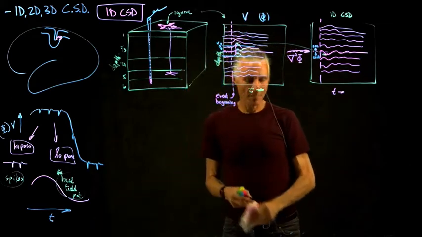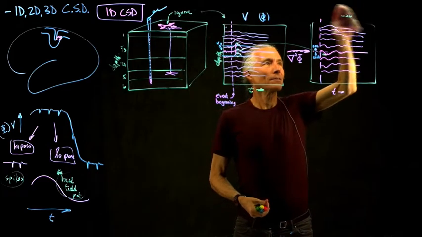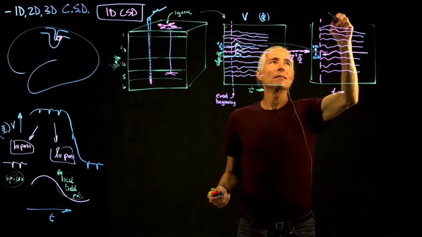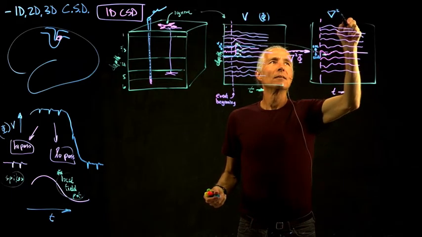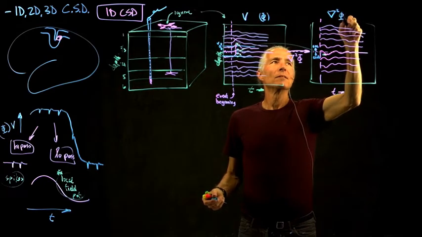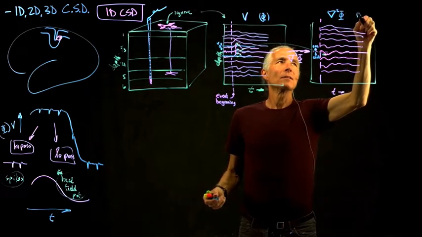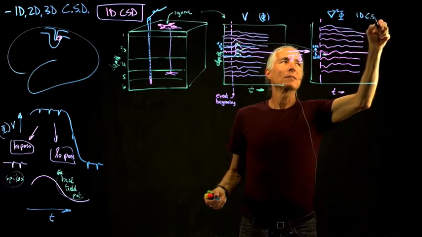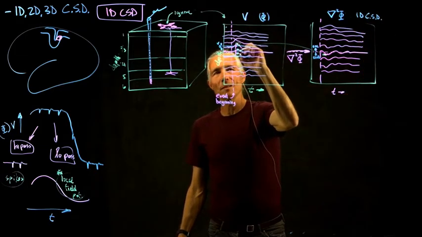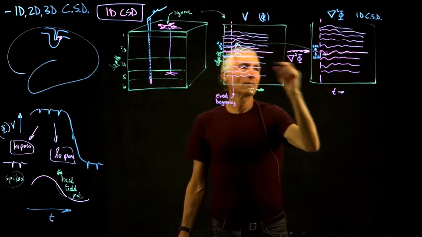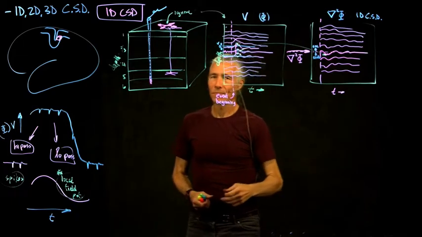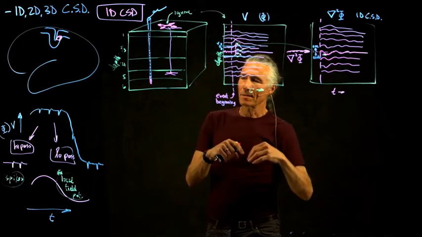So even though the potential is positive, let me try that in the same color. So this is the voltage, and this guy, I'll use that symbol, is the 1D current source density. So even though the voltage at that electrode is positive, it actually corresponds to a sink, meaning that the current is disappearing there.